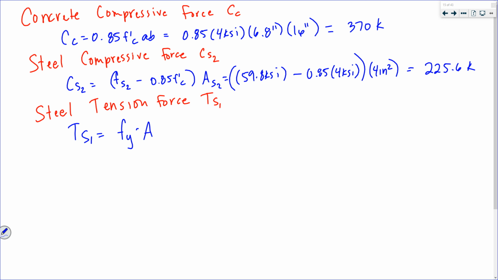Yield times the area, let's make that AS1, times 60 KSI times 4 number 9s, so 240 kips.